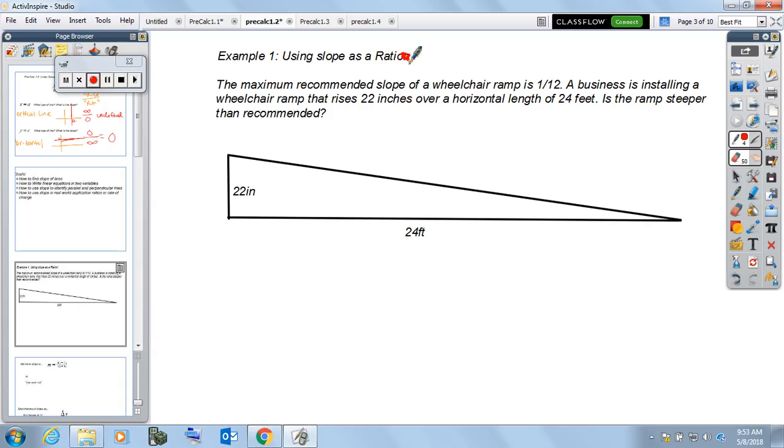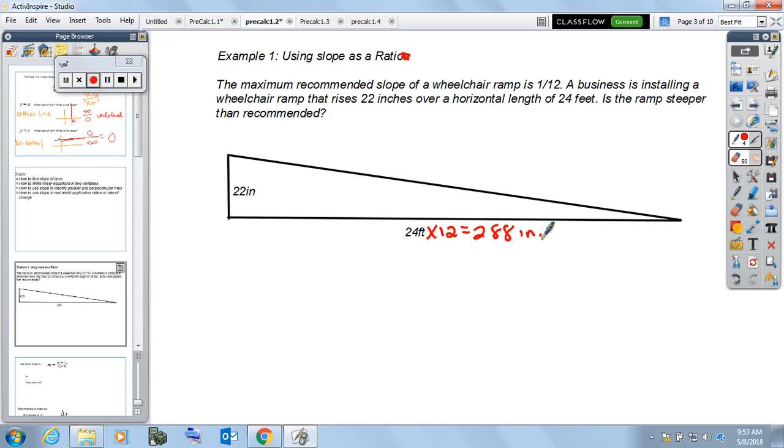Let's think about exactly what we're dealing with. This is all technically dealing with inches, so let's first convert these feet to inches by multiplying by 12, getting 288 inches. Be on the lookout for something like that, where they try to trick you a little bit.